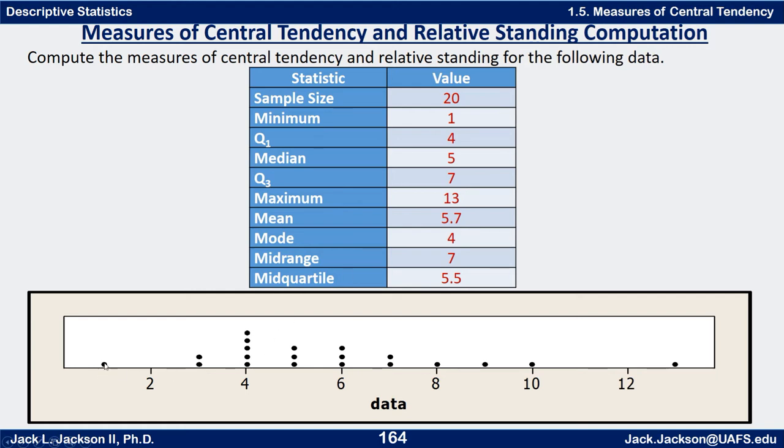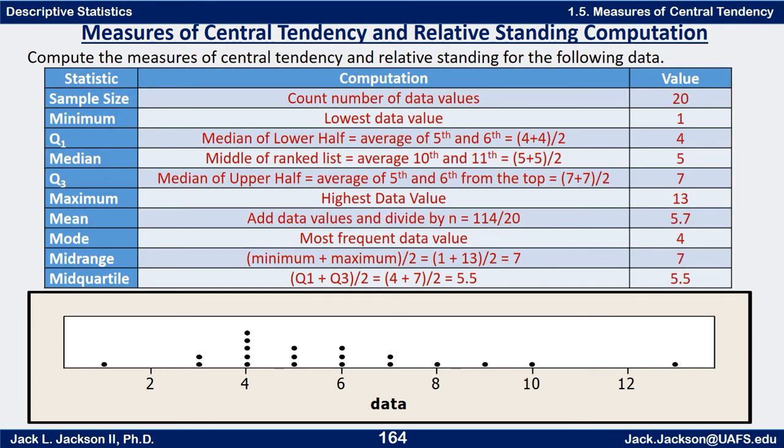You have to actually add up all the numbers. 1 plus 3 plus 3 plus 4 plus 4 plus 4 plus 4 plus 4, and so forth, and add all those up, and then divide by 20, and that turns out to be 5.7.